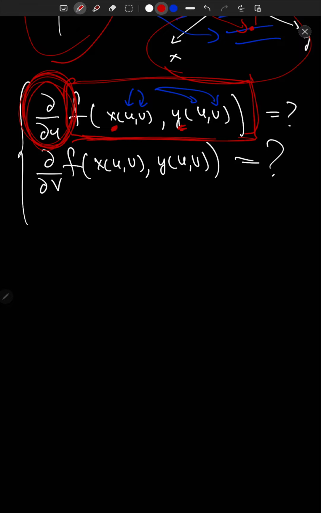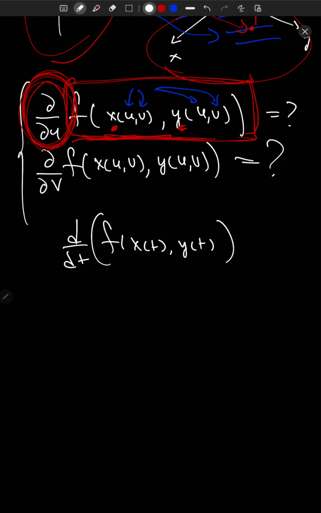Well, if I think of v as a constant, then this whole setting is just like my situation when I did d/dt of f of x of t, y of t. In that, there's only one actual moving variable. In the examples we did above, t is my actual variable, the thing that's moving.